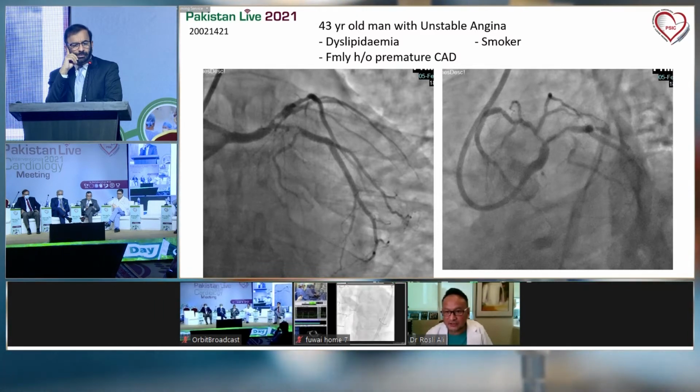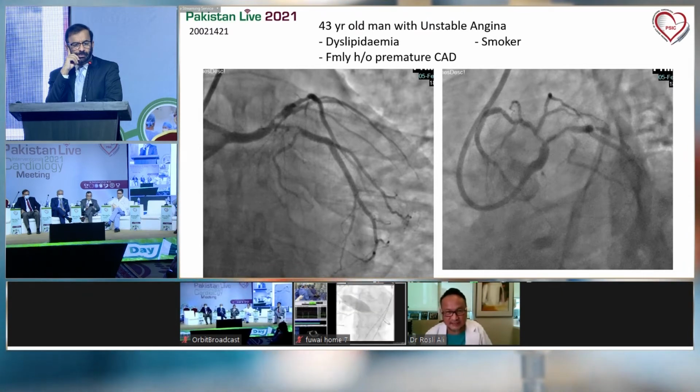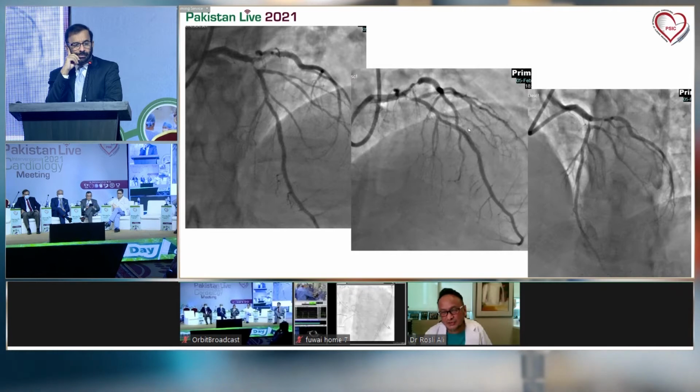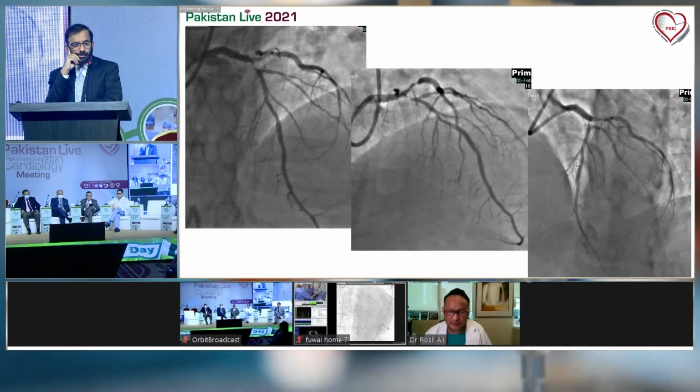If you see this bifurcation, the lesion in the side branch, in this case the circumflex, is 10 mm, and a two-stent technique is required in this case. There was also another lesion where the septal branch was, but it didn't show.